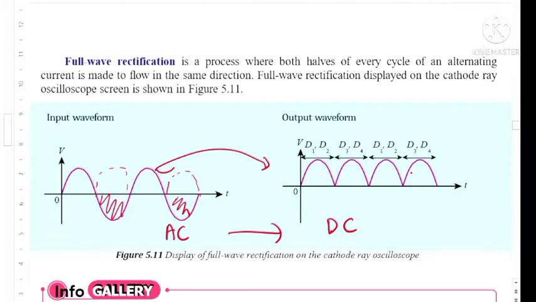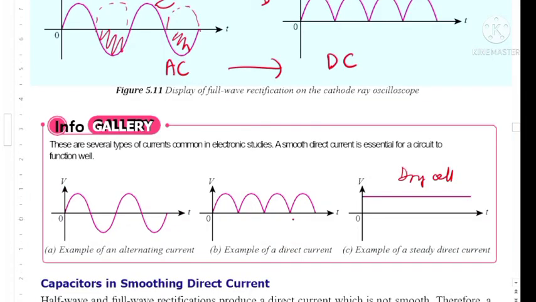For a dry cell, you can see the current flows uniformly like this, or constant, meaning steady current. Whenever we use this circuit to convert AC to DC, it does not produce an output which is as good as a dry cell or DC power supply.